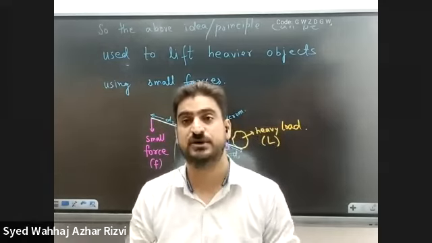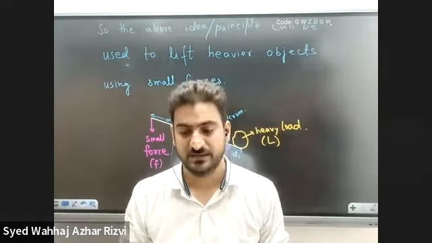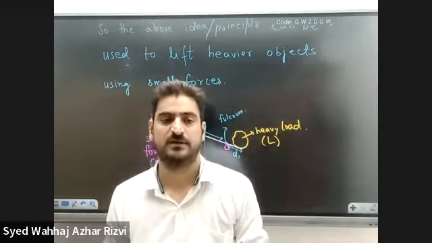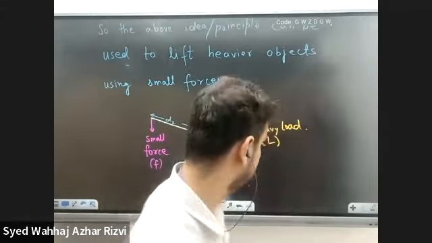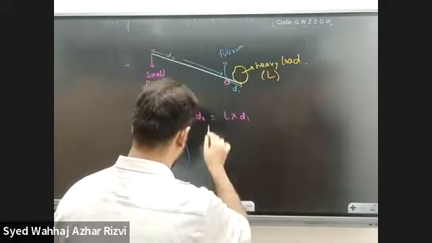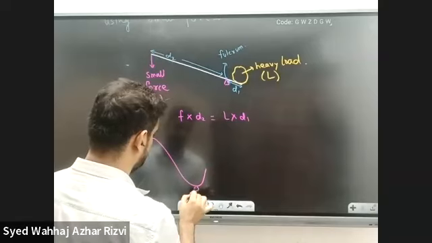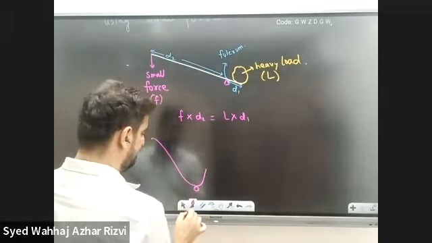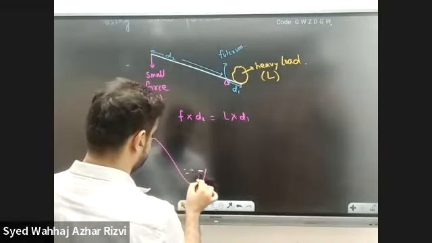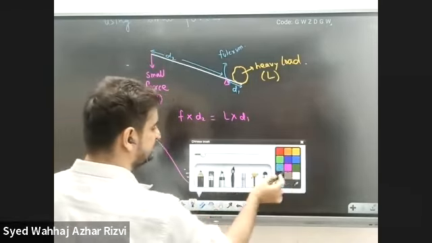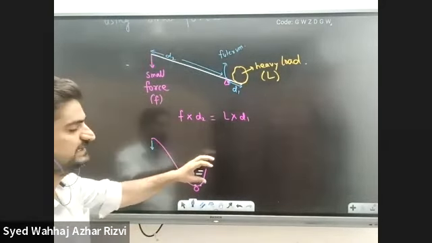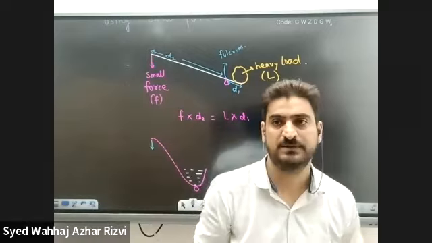You might have seen different trolleys with wheels, where we can put little load at one end of the trolley and we can lift heavy loads. Have you seen trolleys like that? Yeah, sir. Such trolleys have wheels at this end, and we can fill a lot of water or sand here, and put a little load or force over here, and we can lift this thing and bring it from one place to another.